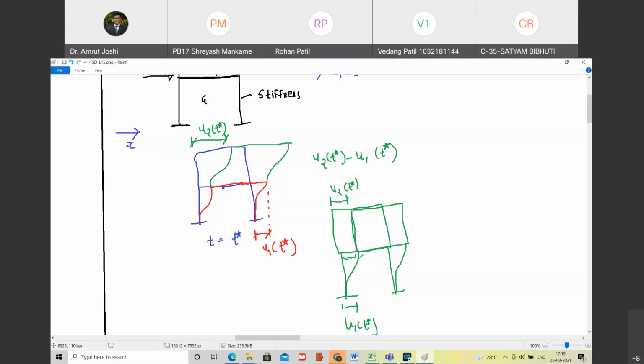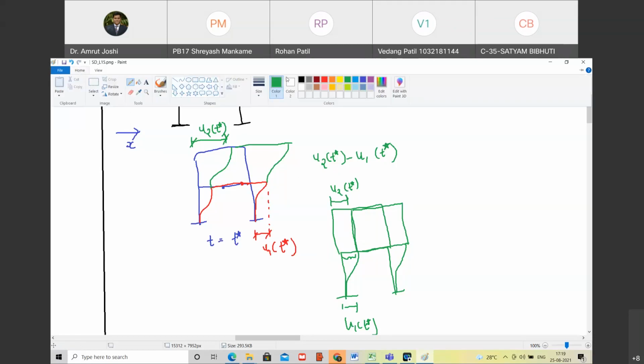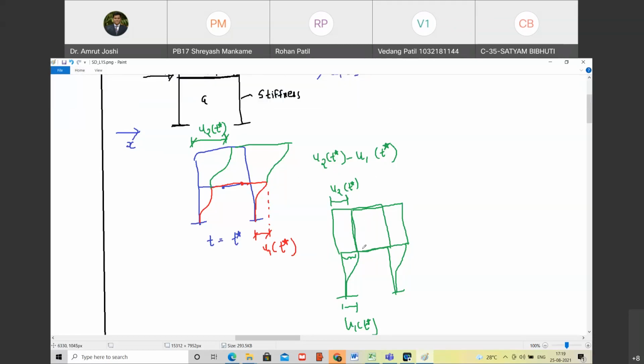Yes, sir. Stresses and strains in the first story column would arise only and only if this story has such kind of deformation. Are you with me? In that case, U2 of T star will be different than U1 of T star, and the stresses induced in this column will correspond to U2 of T star minus U1 of T star.